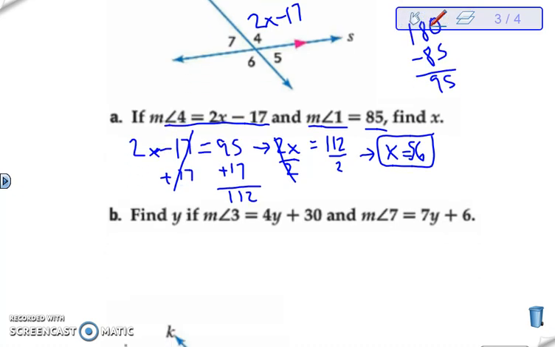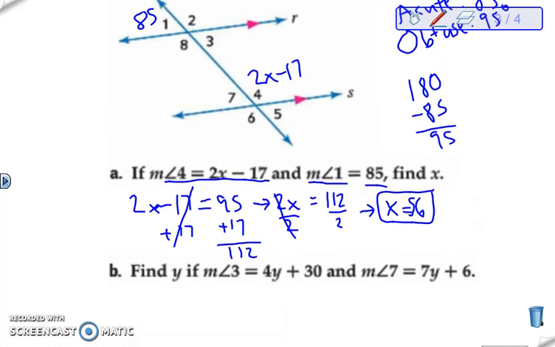All right, so let's fill in the next one. It says find y, given that the measure of angle 3 is 4y plus 30, and the measure of angle 7 is 7y plus 6. So all we're going to do is fill it in and solve. So angle 3 is 4y plus 30. Angle 7 is 7y plus 6.